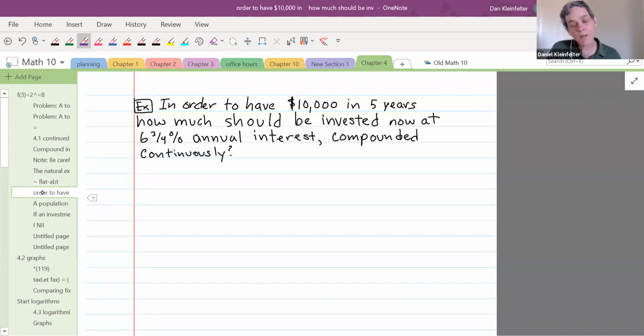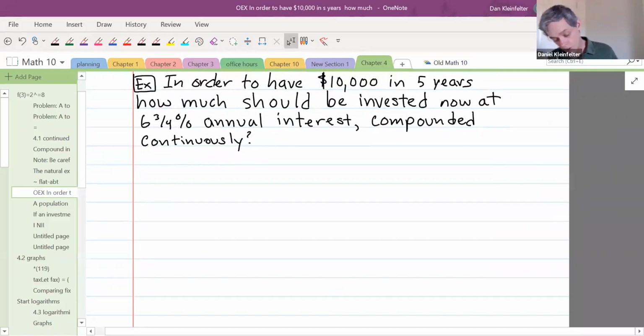We have another example. So here, in order to have $10,000 in 5 years, we would like to know how much we should invest now at 6.75% annual interest compounded continuously. So on this one, instead of wanting to know what the future value is, this time we know the future value and we want to know how much we need to start out with so that we end up with this $10,000. So again, our formula, A is equal to P e to the rt.